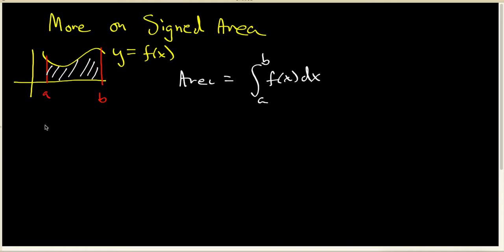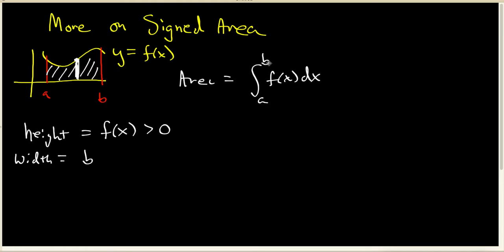And what I want to think about in this particular picture is that the height of any line segment on this area is just equal to f of x, and because f of x is above the x-axis, that height is positive. And the width of this chunk of area, because a is less than b, is the top endpoint of my integral minus the bottom endpoint of my integral. In other words, it's b minus a, and that is also positive.